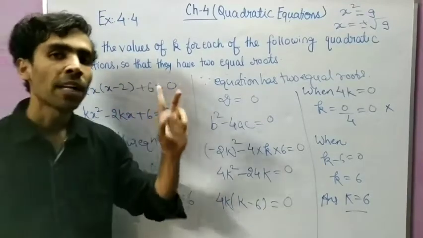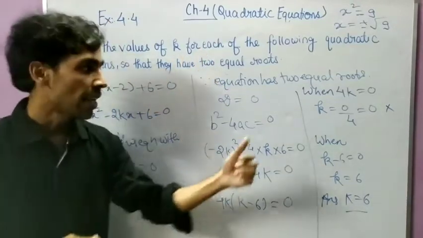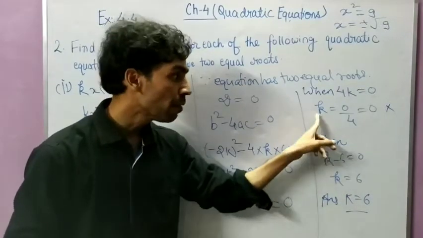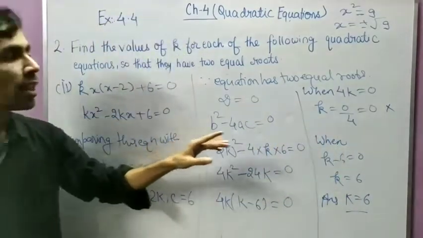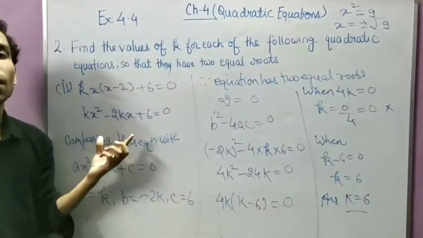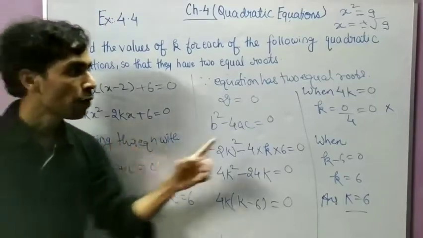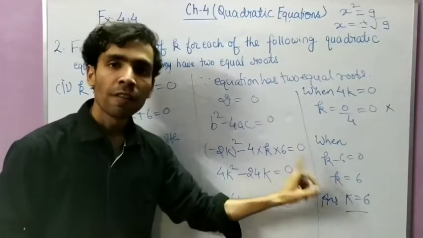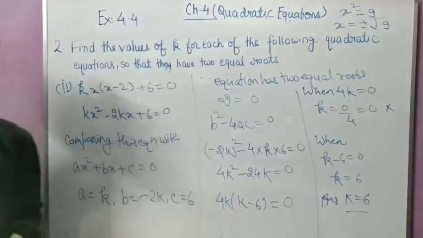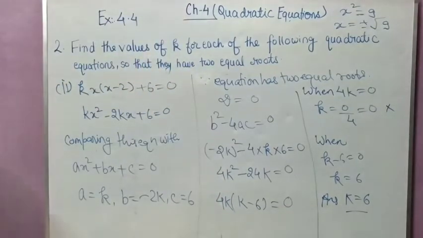So in the previous part there were two values of k, and in this part only one value of k is there, because when we take both values, for one of them it will not remain a quadratic equation. So out of these two, only one value is correct, that is k equal to 6. Okay, so by this method, you can solve these types of questions.